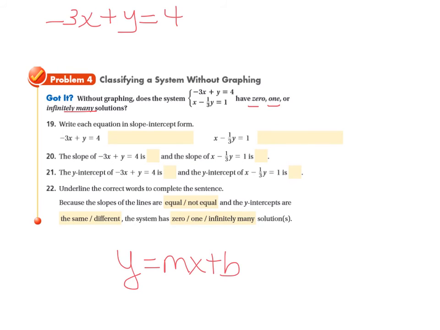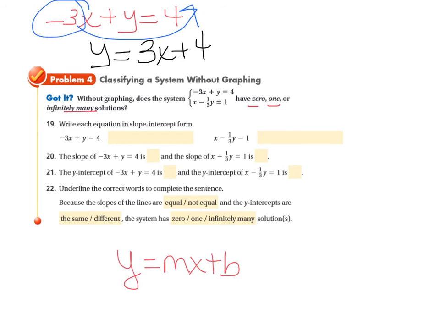So I need y by itself. So I have got to move this x over to the other side. When I do that, my equation becomes y equals a positive 3x, because when it shows up on the opposite side, it has the opposite sign. So this is my equation here in slope-intercept form.